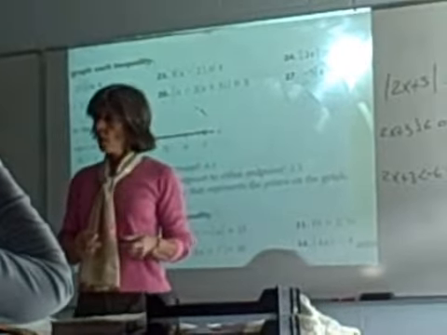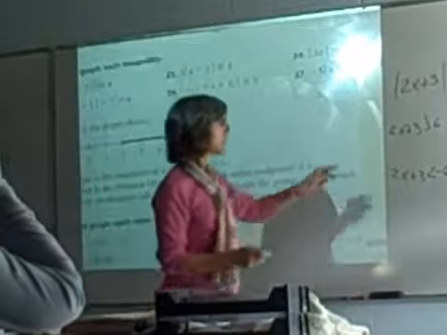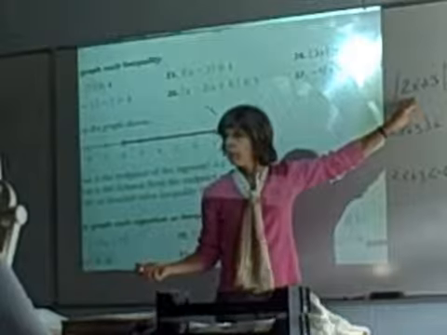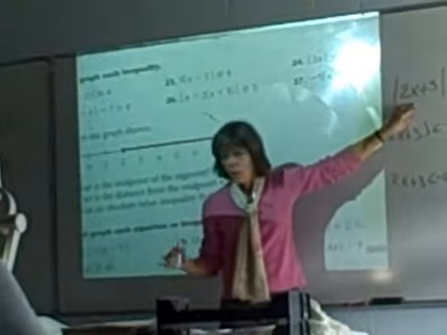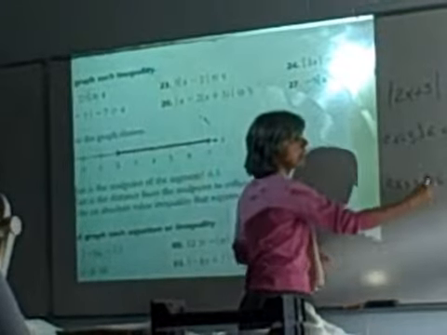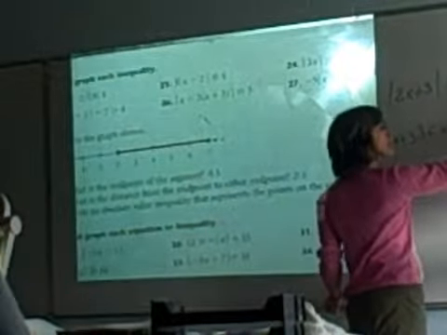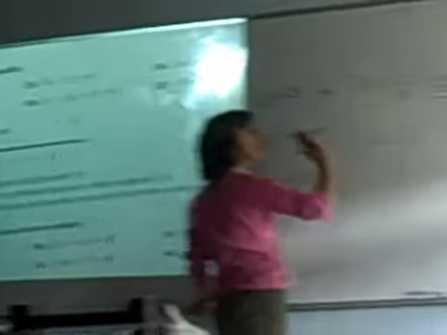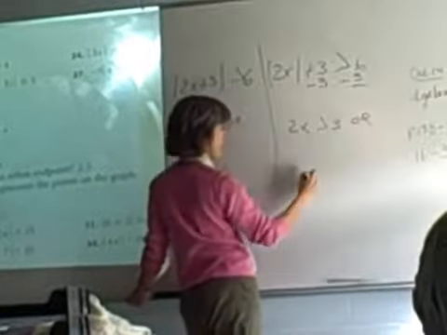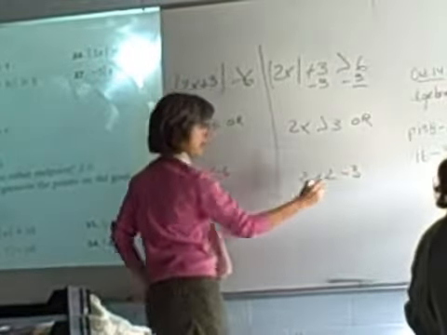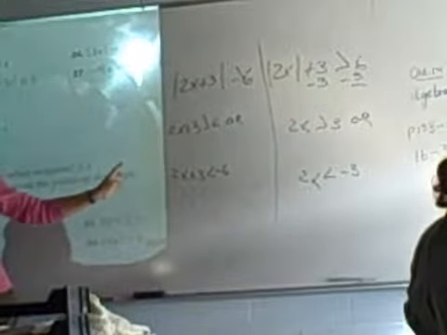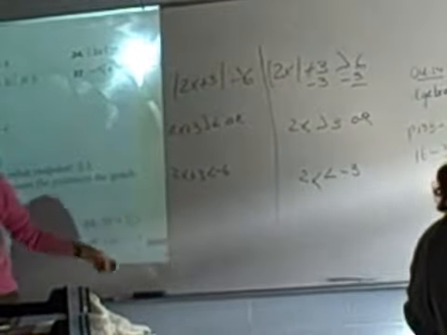Is my absolute value isolated in this problem? Once my absolute value is isolated, then I can go about rewriting it. But in this case, my absolute value wasn't isolated. I got rid of the 3, and now I could say, and then solve it. Are they the same problems at this point? No, they're two different problems.